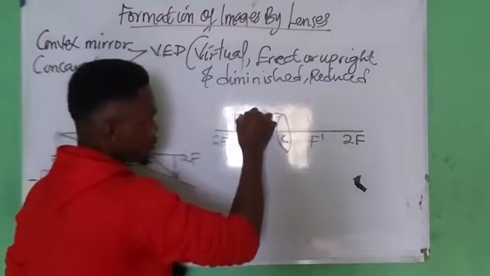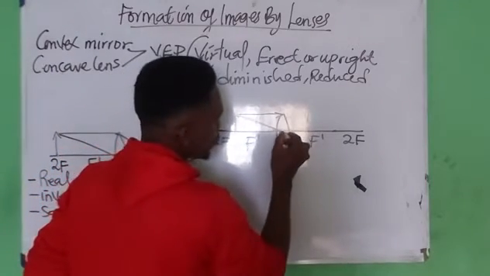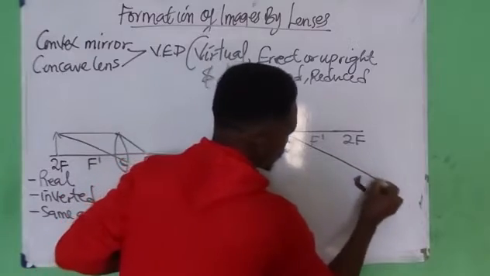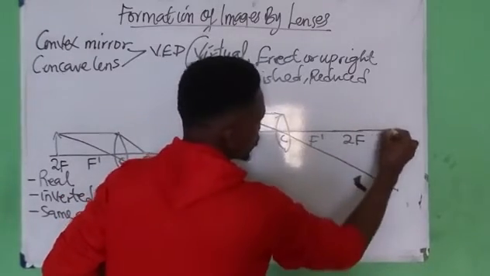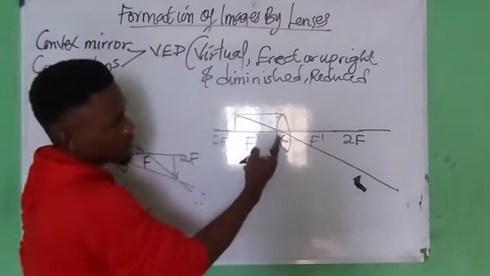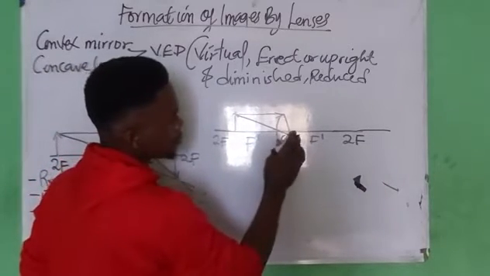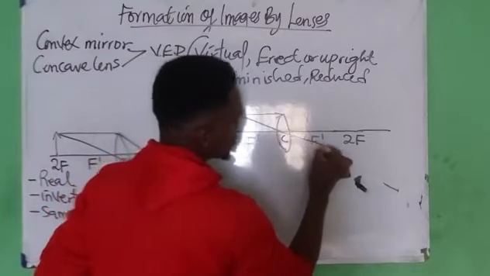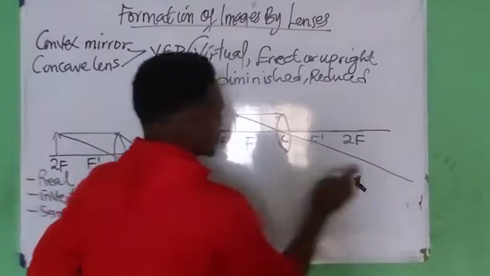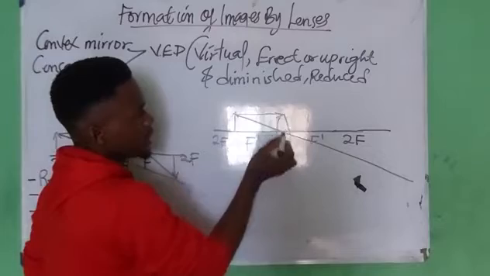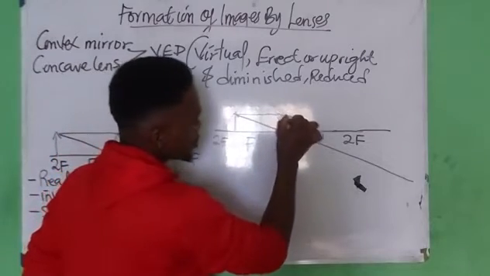The first one will always cut through the center of curvature, right? We always cut through the center of curvature. This thing is not straight. Now, what about this other one? It will cut through this region.